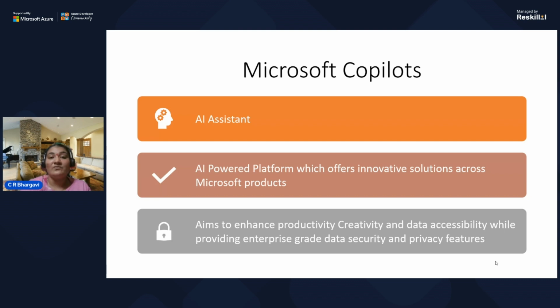It's the same way that the Copilot works for us: it is an AI assistant offering innovative solutions across Microsoft products, covering productivity, creativity, and data accessibility under the enterprise, providing enterprise-grade security and privacy features.